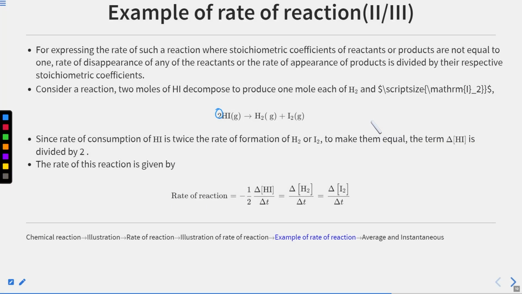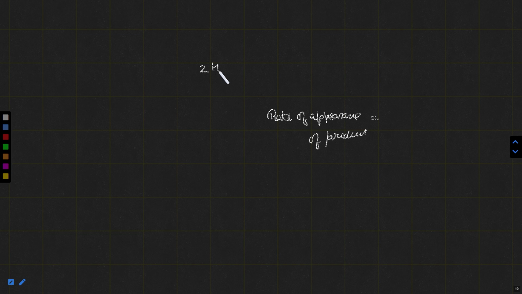Suppose I'm writing for this reaction 2HI, we are getting it from H2 and I2. Suppose we are writing the rate of appearance of product, then the product here is delta H2 divided by delta t. Okay, so this thing is clear, right?